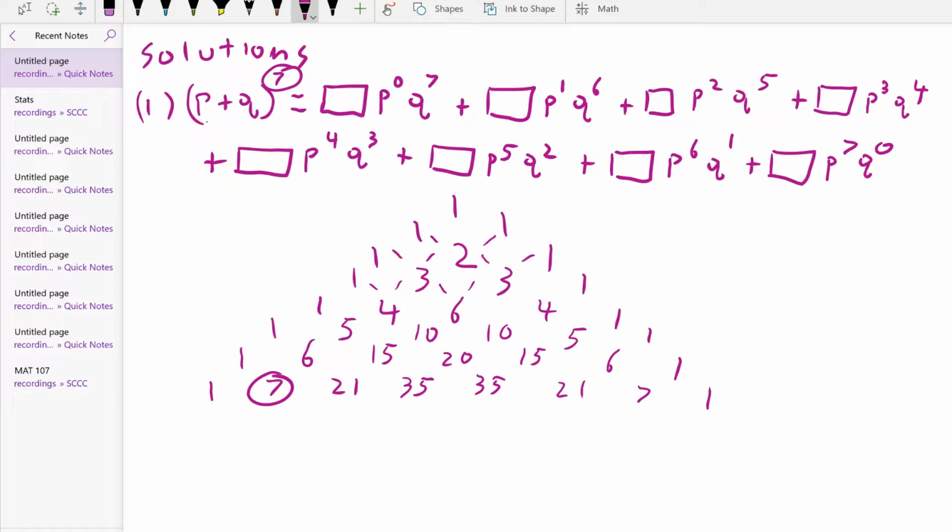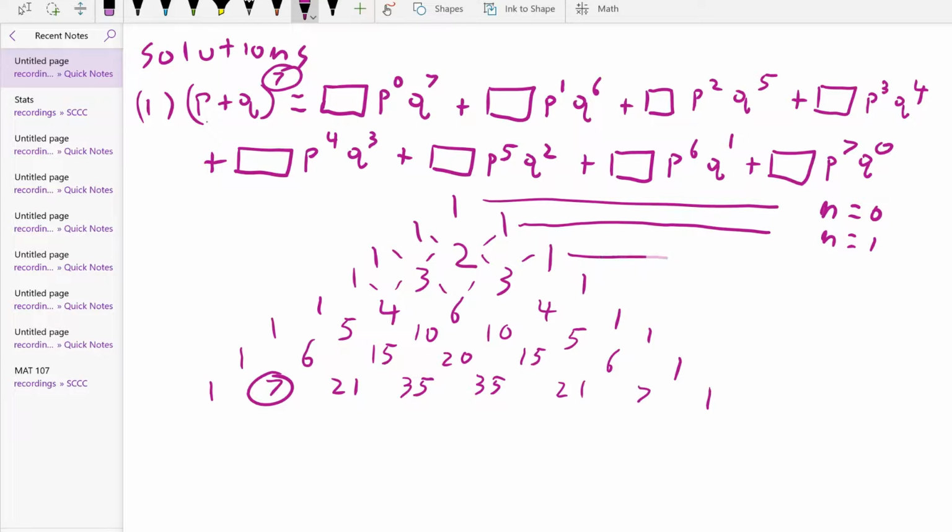And notice also, as I mentioned in the parent video for which this homework video was taken, in the land of Pascal we start counting with n equals 0, not n equals 1. So that's n equals 0. This is n equals 1. This is n equals 2. This is n equals 3. N equals 4.